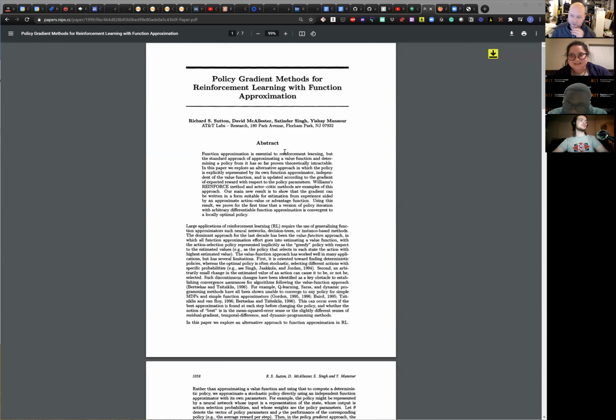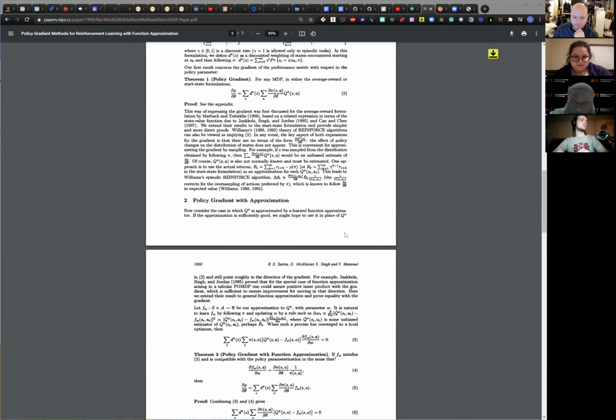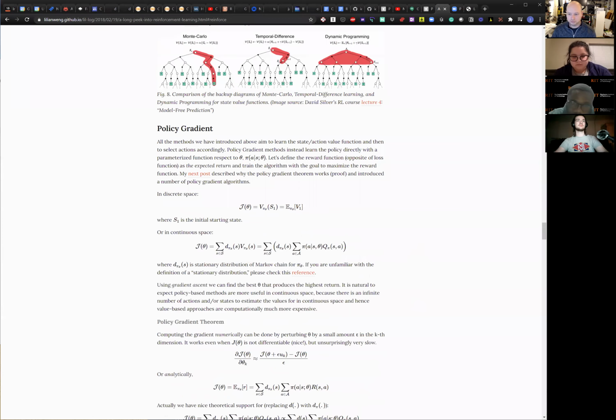That's actually why I suggested this paper, because of the policy gradient, and we can go through a different proof, because the proof in here was the first time they proved it. It was a new result. But since then, the nomenclature has changed a fair bit.